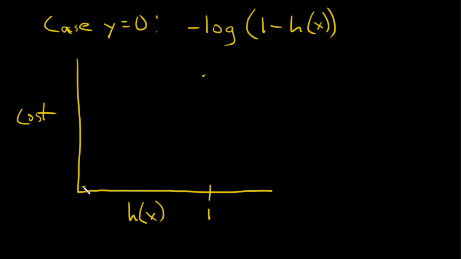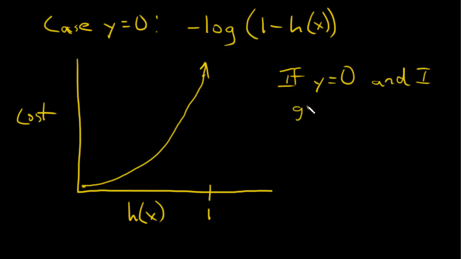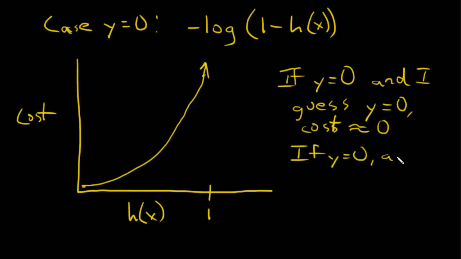What does this graph look like? Well, it looks like this. So again, this is exactly what we want. If y is equal to 0, and I guess that y equals 0, the cost is approximately 0. And if y is equal to 0, and I guess y is 1, then the cost is much greater than 0.